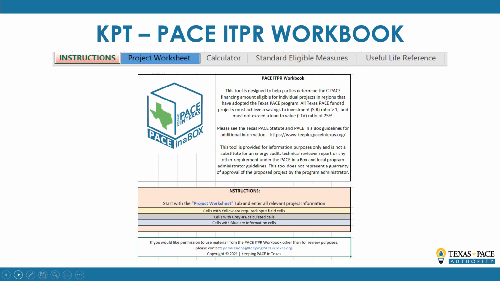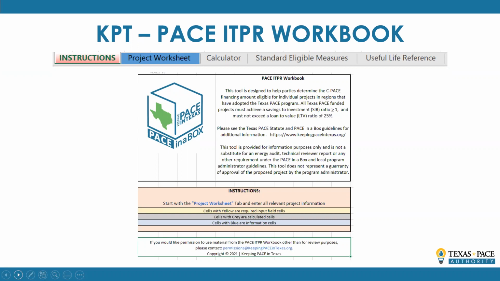This ITPR workbook is free and downloadable. It is an Excel-based tool, so very easy to use by anyone. It has a couple of key features. If you look at the color coding, yellow cells are the required input cells, gray cells are locked and calculated, and blue cells are informational.